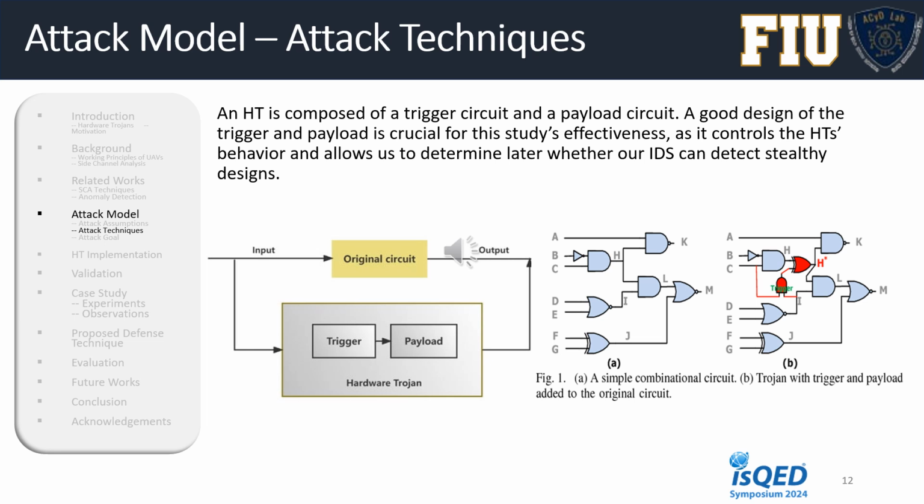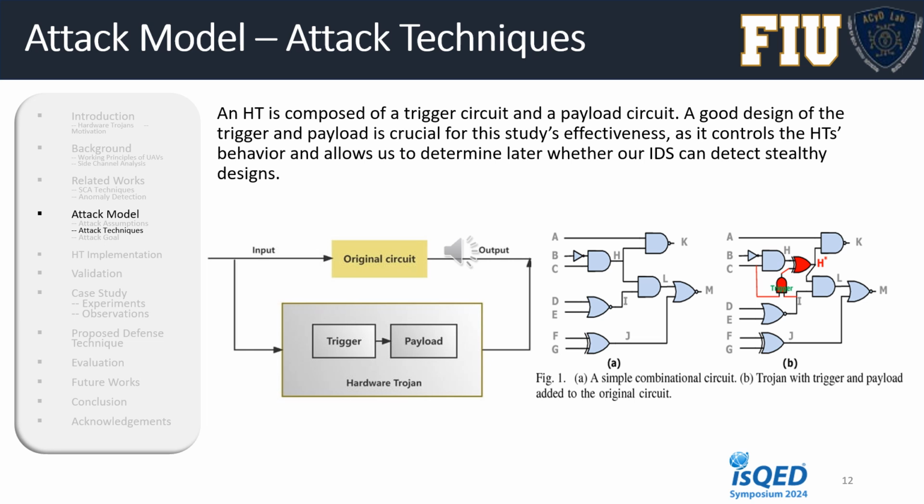As for the differences between the trigger and the payload circuit, we have an example here. A trigger circuit is basically a circuit that activates the payload when a certain condition is met. If you look at the graph down below, the first one on the left, we have an input coming in, and the input goes into the original circuit, but if there's a hardware Trojan implemented, it would also go into the trigger circuit of the hardware Trojan.